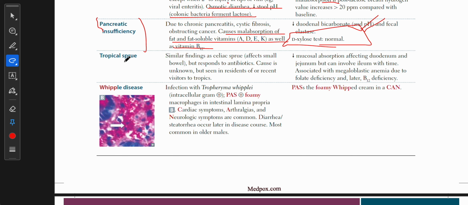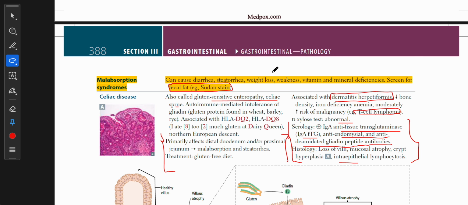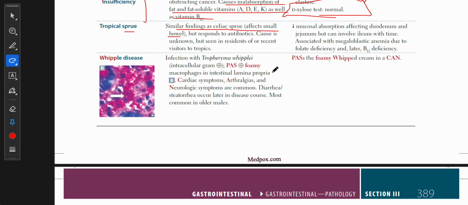So tropical sprue is the other case. Tropical sprue has similar findings as celiac sprue and affects the small bowel. That is the only difference: tropical sprue responds to antibiotics, but celiac disease does not respond to antibiotics, right? The cause is unknown, but it is seen in residents of or recent visitors to the tropics.